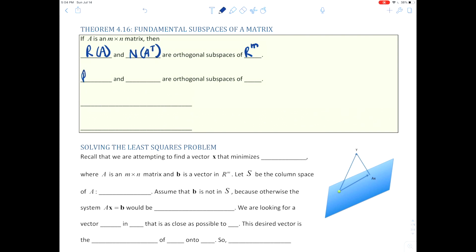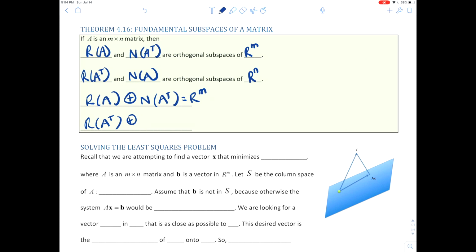And the column space of A transpose and the null space of A are orthogonal subspaces of Rn. And you end up with what? Beautiful. R of A direct sum N of A transpose would equal Rm. And the direct sum of R of A transpose and the null space of A will equal Rn.